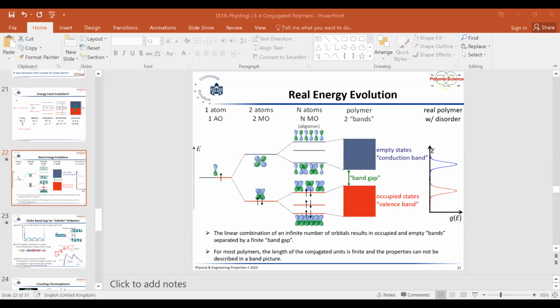Okay, so we're going to continue with what we started last time, which was on conjugated polymers.